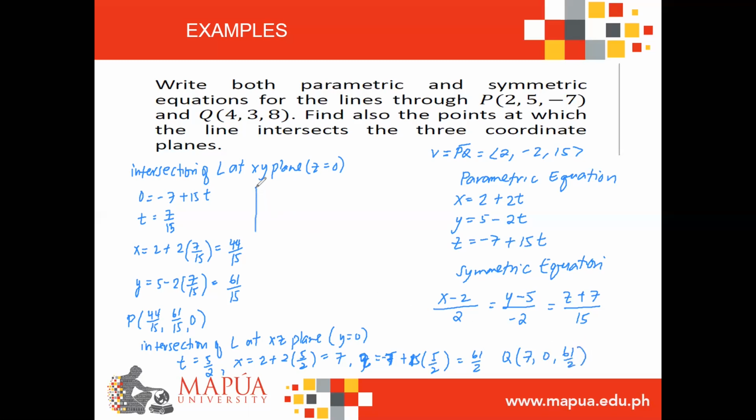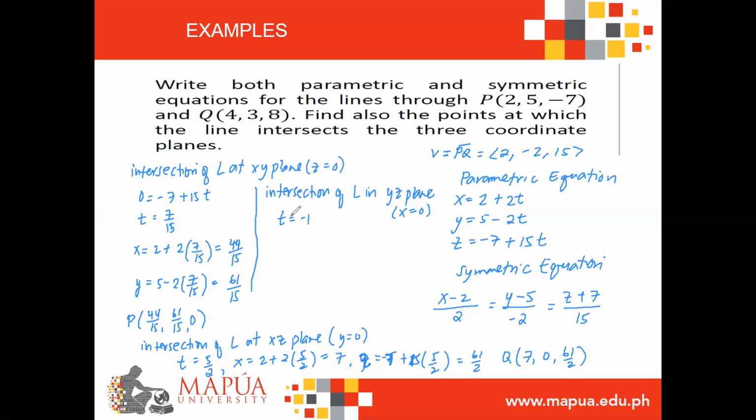Then lastly, let us get the intersection of our line L in the yz plane. So in this case, we're going to set x equals 0. So if x is 0, our t value will be equal to negative 1.